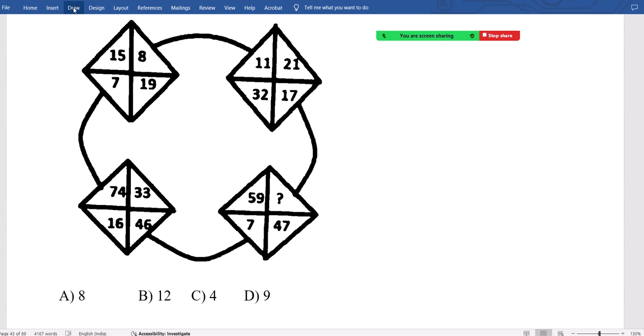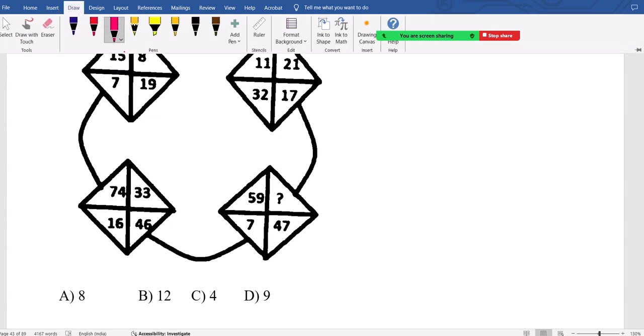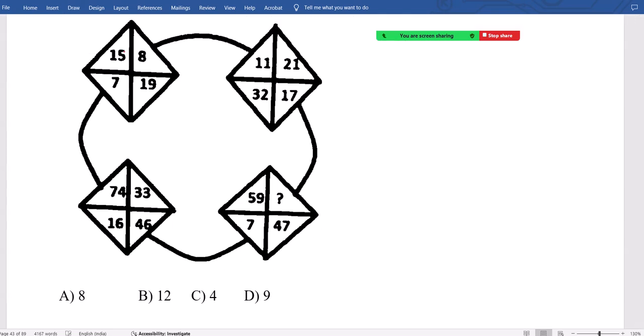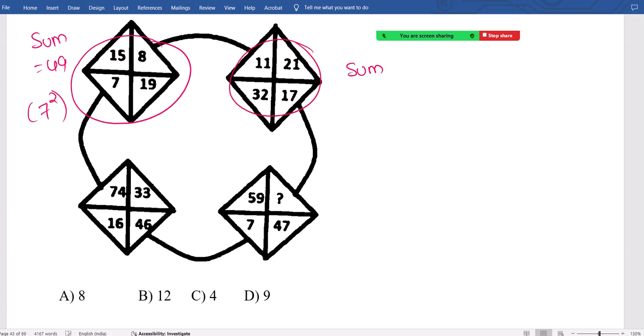Now, you go for sum of these digits. Sum 22, 30, 49. 49 is 7 square. This one sum 43, 60, 81. 9 square.